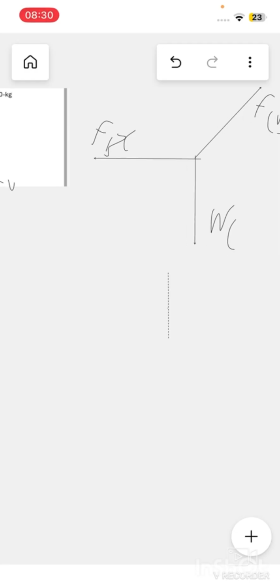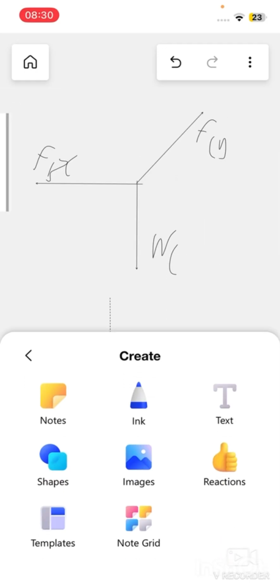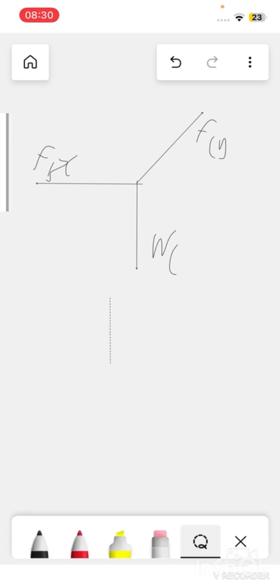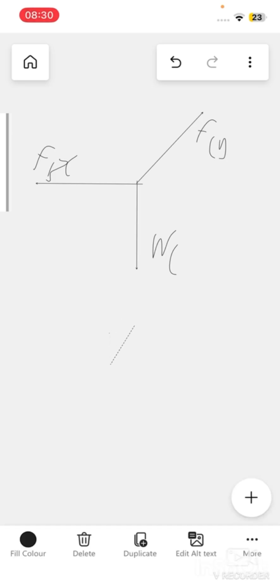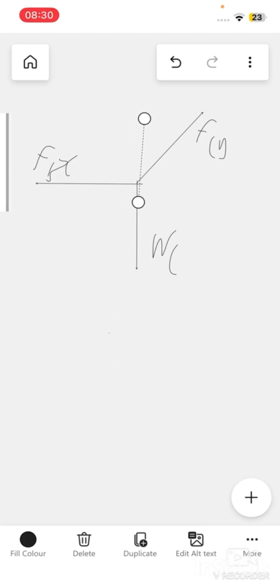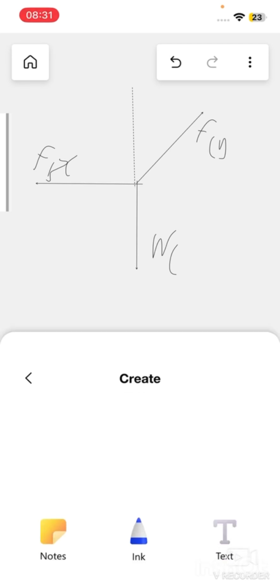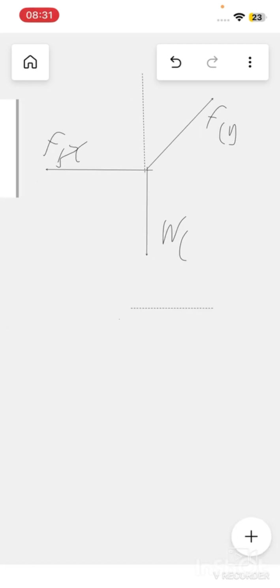This line. It is troubling me. It does not want to. Right now we are winning. This is going to be our vertical component, and we need what? The horizontal component also. Trouble me?